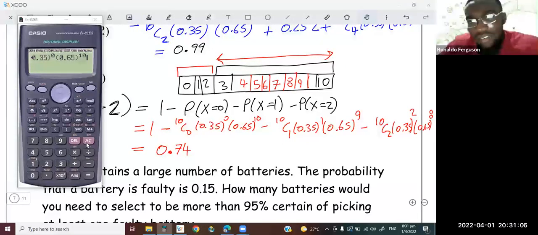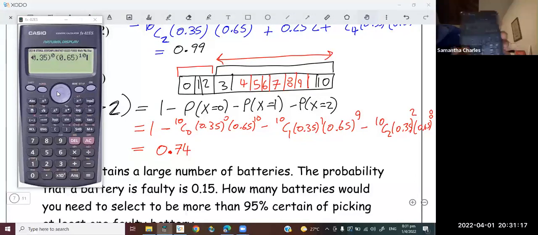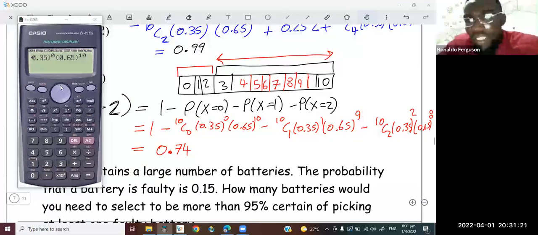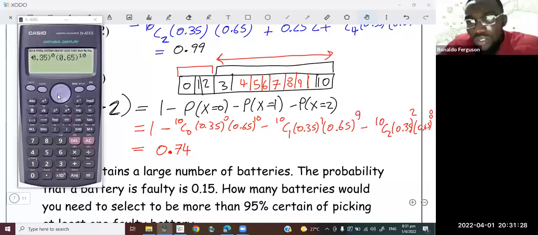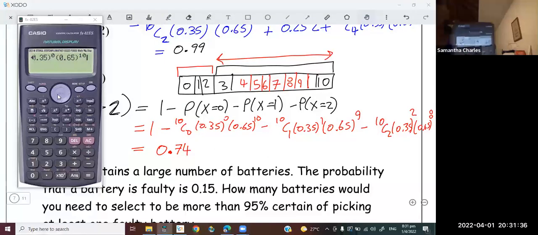Then press the left button at the top of the screen. You see the arrow pointers? Just press the left one. It should show you the workout. It's not showing you anything? No. All right, no problem.